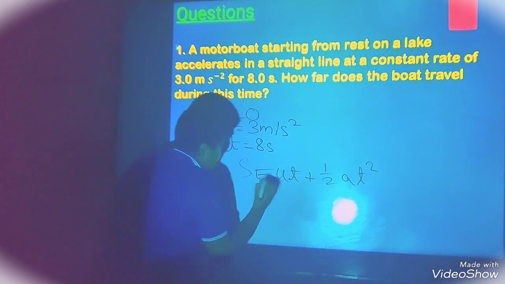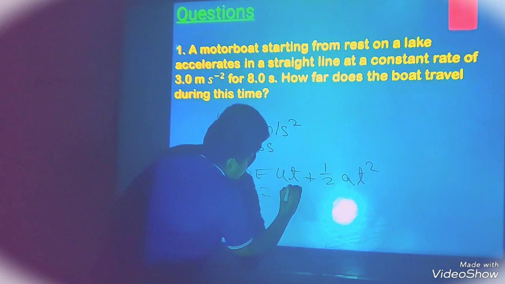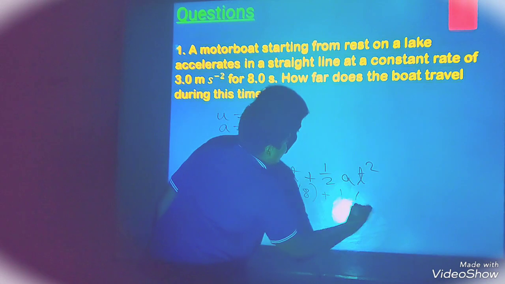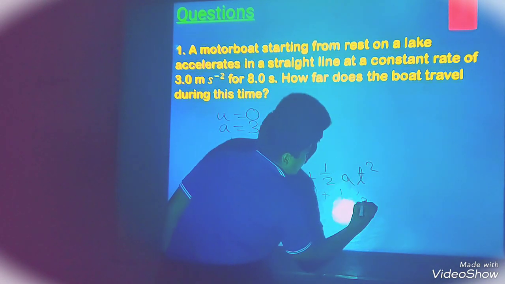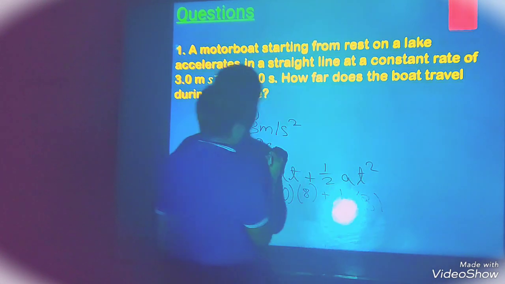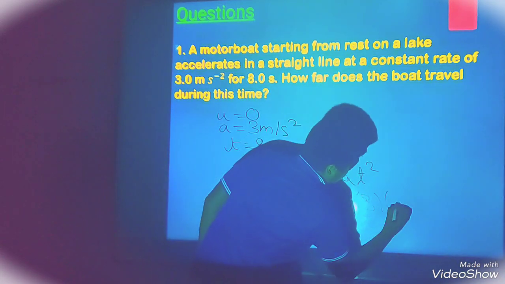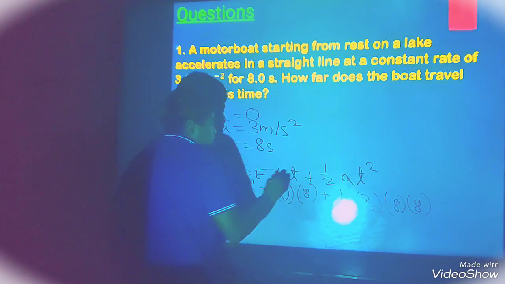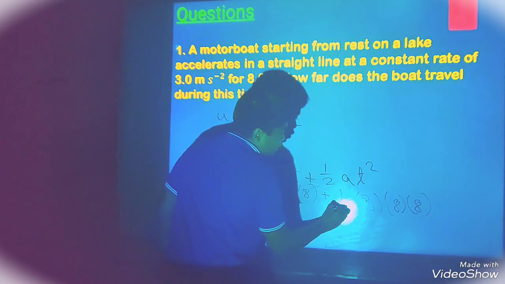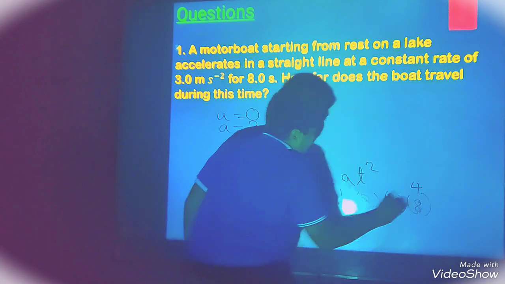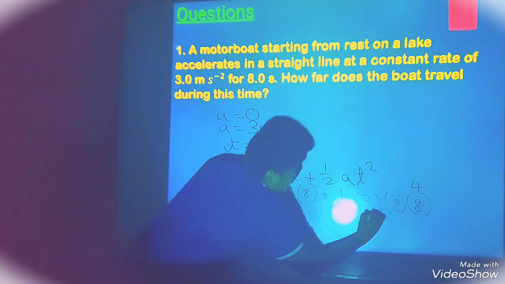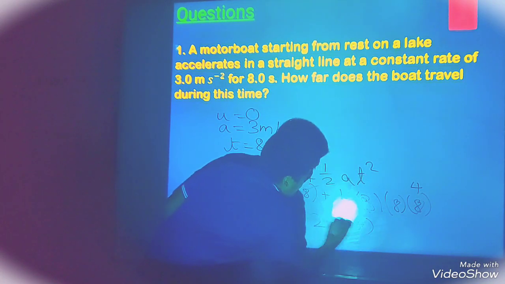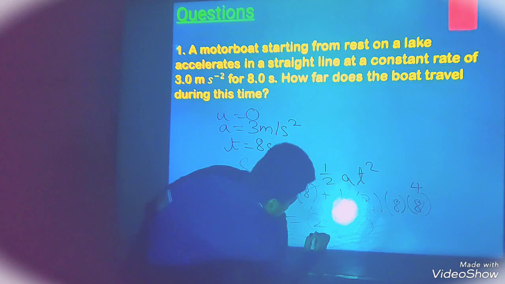In this question, s = 0 × 8 + ½ × acceleration, which is 3 meters per second squared, × time 8 seconds squared. So 8 into 8. When we simplify, 0 into 8 is 0, and 2 cancels with 8 to give 4. So 3 into 8 is 24, and 24 into 4, the answer is 96.